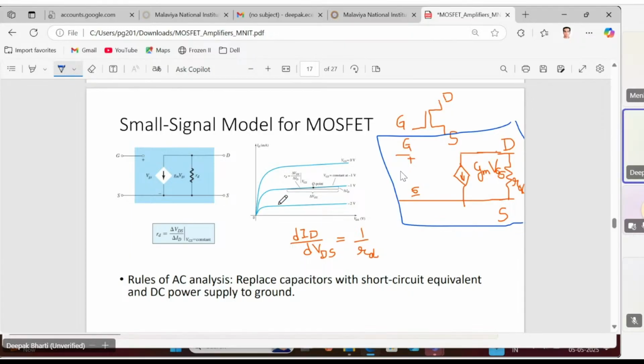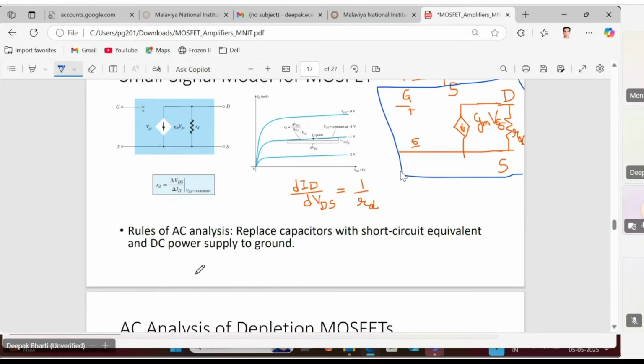After studying the small signal model, we should also know what are some of the important rules for the AC analysis. So a few rules that we should have in our mind before we do the AC analysis is that the capacitors, wherever those are present, we need to replace with the short circuit equivalent.